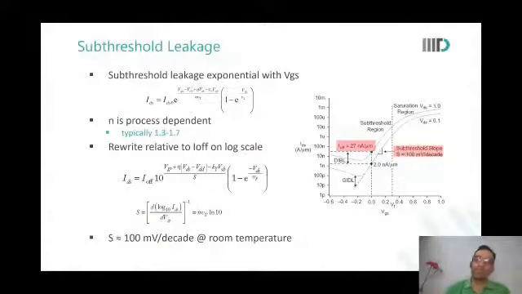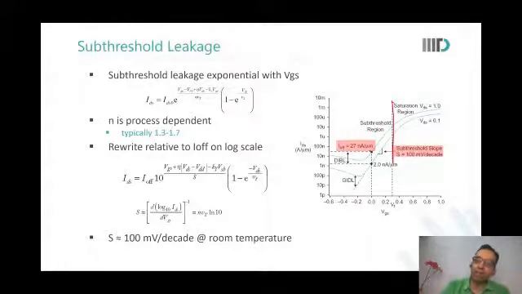So subthreshold leakage, as we just saw, is the current that is still flowing after your device has gone below VT. So this is what is defined as VT in this particular graph. And you see there is still some current flowing. Even at 0 value, there is some current flowing.